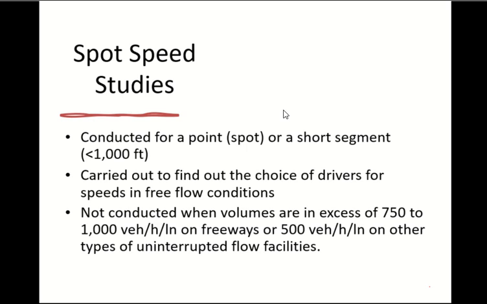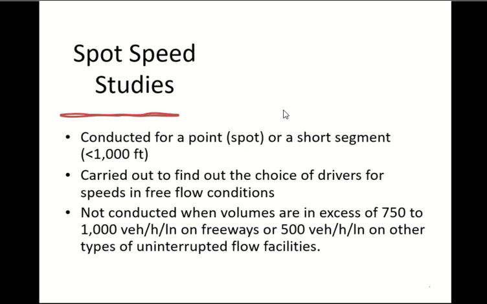Okay? Clear? So we want to do a spot speed study. Our aim is to know the choice of the driver. The ideal situation is you have a speed radar and the road is completely empty, and then you are taking the data. But you may not actually have these ideal conditions.